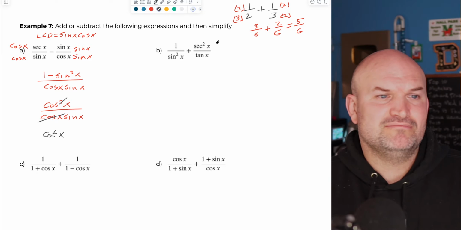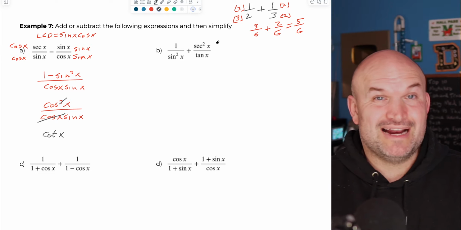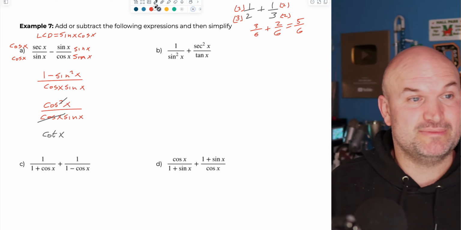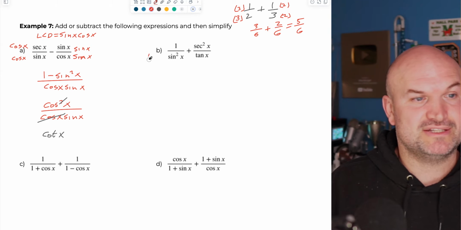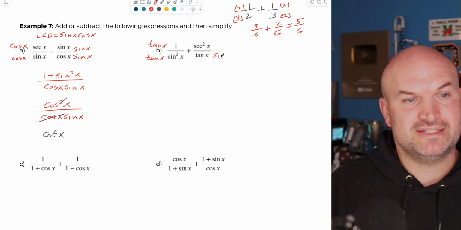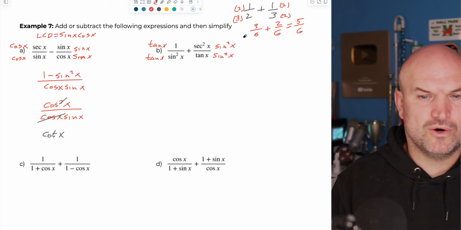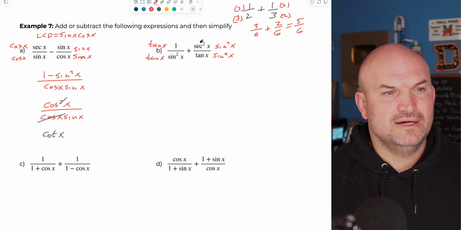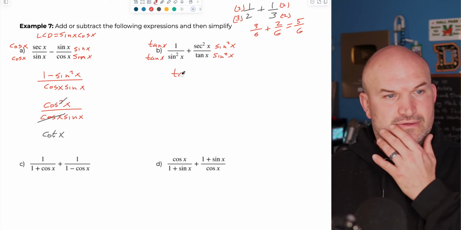All right, this one. 1 over sine squared plus secant squared over tangent squared. Well, the common denominator in my case is just going to be the product of the two. So let's go ahead and get right into multiplying both sides. So I have tangent of x over tangent of x, and then over here I'll multiply by sine squared of x over sine squared of x. All right, so now in my denominator, over here I'll have a tangent of x.